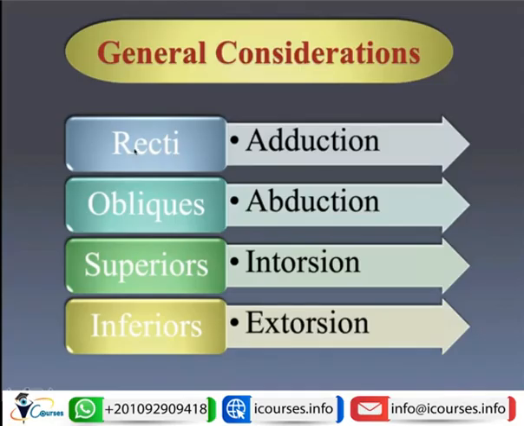So the superior and the inferior recti are adductors, while obliques are abductors. So the superior oblique and the inferior oblique are abductors. The superior muscles are intortors. So the superior rectus and the superior oblique cause intorsion, while the inferior muscles are extortors, meaning that the inferior rectus and the inferior oblique are extortors.